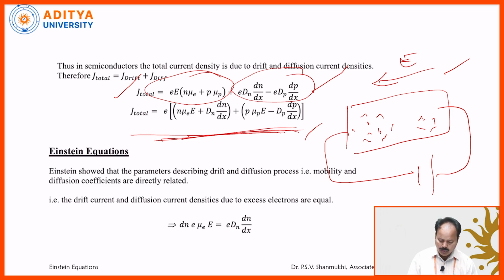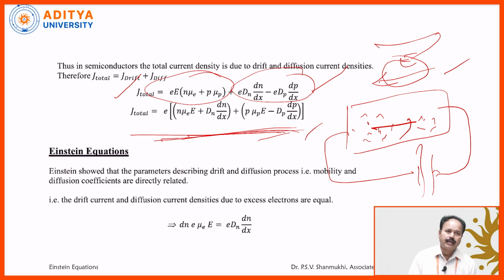Suppose there is an equilibrium state, where the electric field is acting in one direction and the diffusion is there in the opposite direction. Suppose the drift current density and diffusion current density are due to excess electrons.